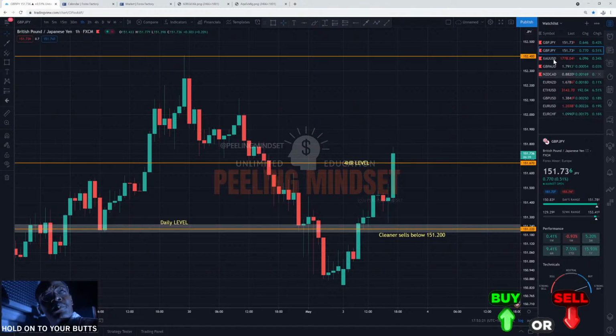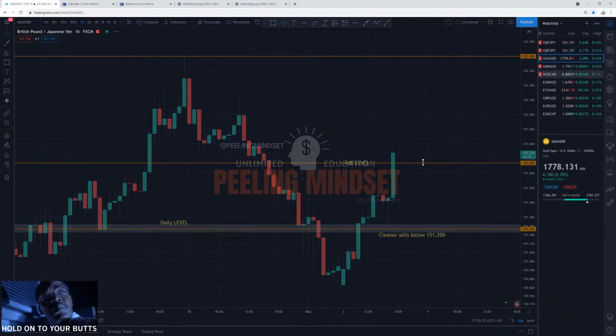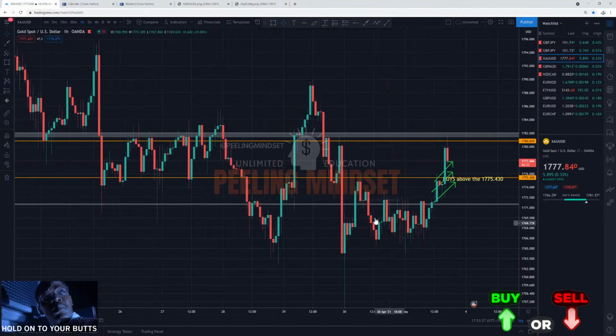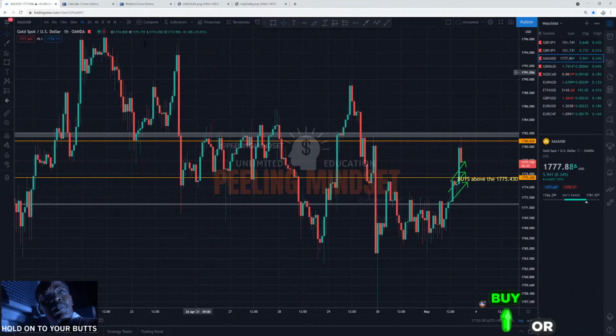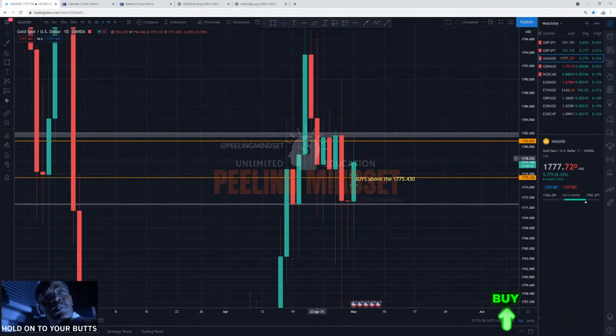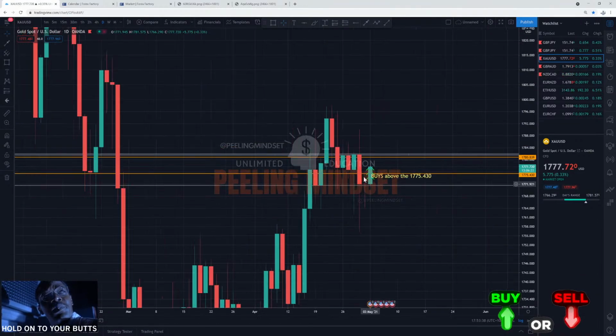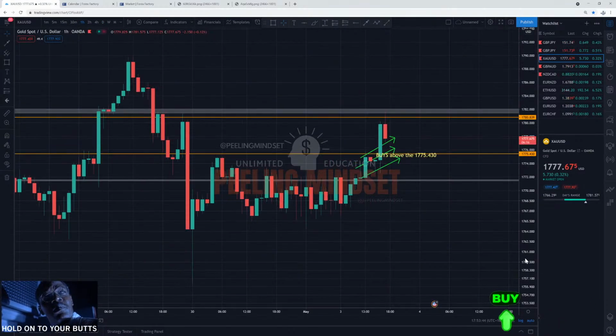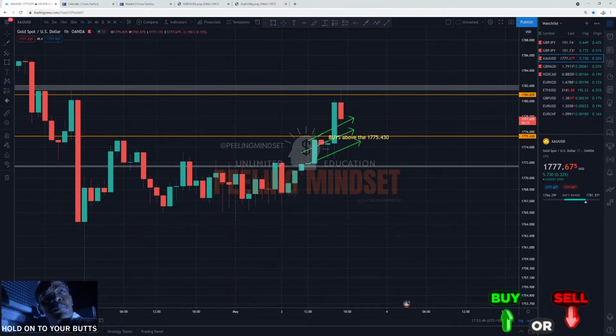So maybe the price is setting up for May, grabbing its orders, grabbing its liquidity on a larger scale. As we saw in the daily time frame, it's tapping in and out of this range. It's still in a range on the daily time frame. So we will see. Definitely we will see.